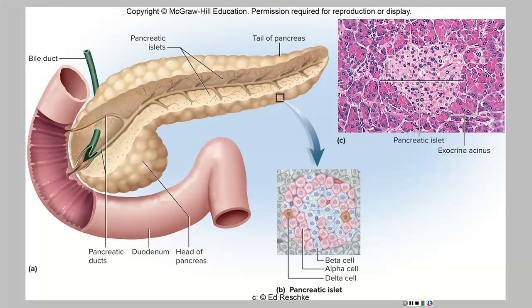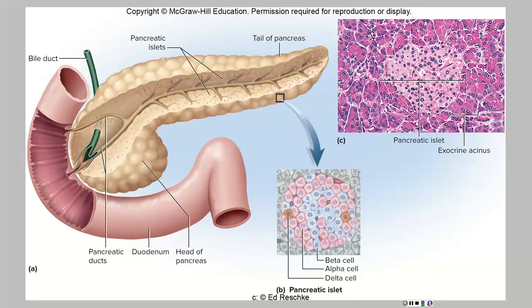Now, it's the acini cells that do this. If we look at the pancreas tissue under a microscope, which is what we see here, and also in the lab video, you'll see quite a bit of that. Something like 85 to 90%, or maybe even upwards of that, of the pancreas is exocrine.